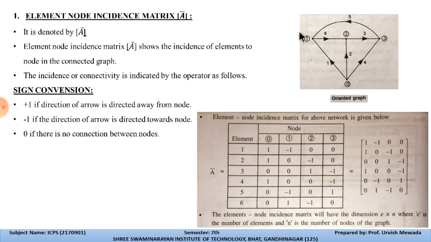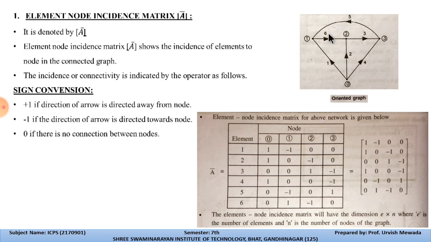Suppose this is node number 1, and this arrow is going away from 1, so this is positive. And it is -1 if the direction of the arrow is directed towards the node. And 0 if there is no connection between the nodes.